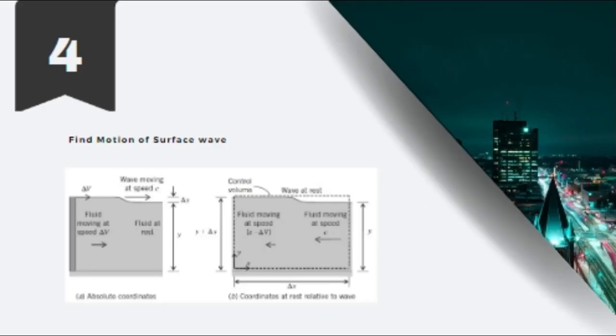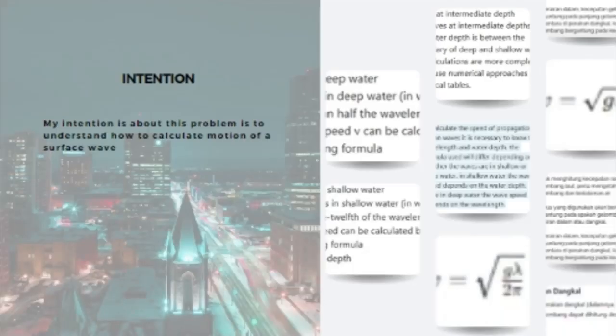So next is, here we get the image of the absolute coordinates and coordinates relative to the wave. So the equation is we have to find the motion of surface wave. So the intention is to understand how to calculate motion of surface wave.